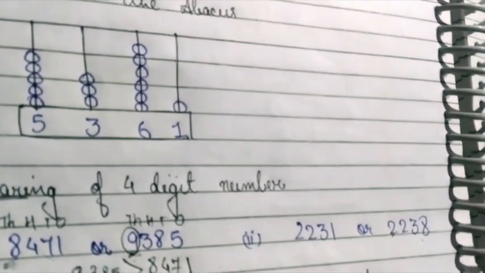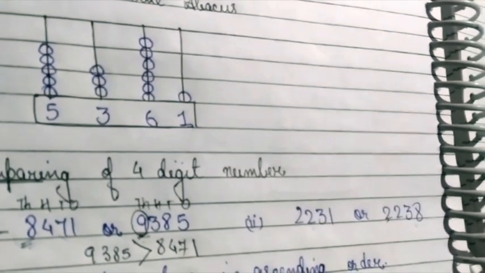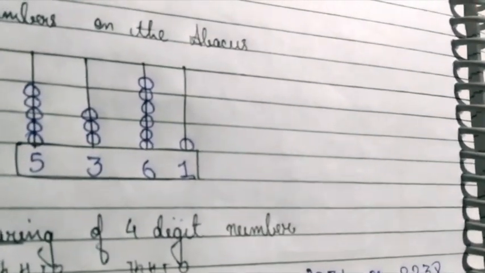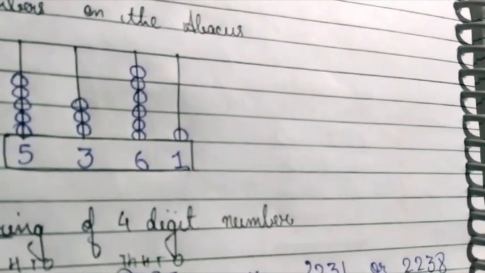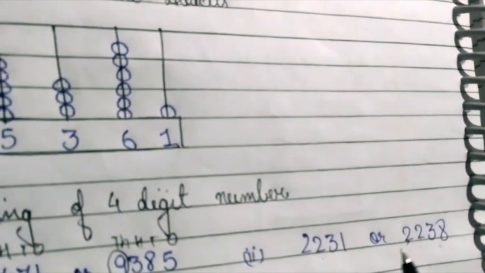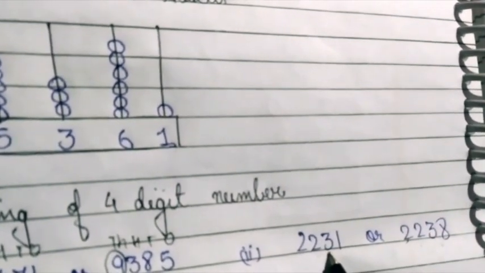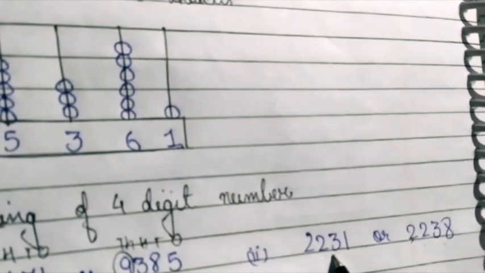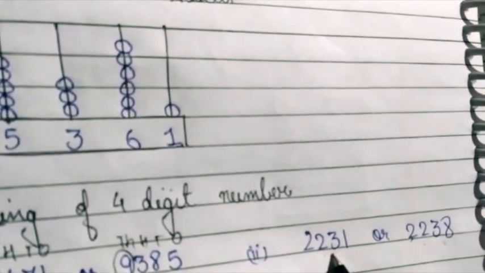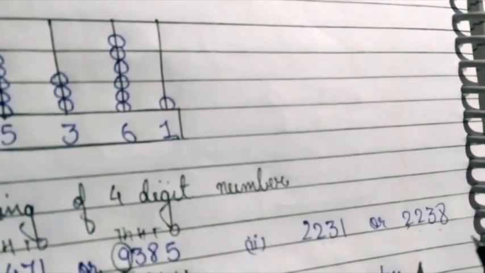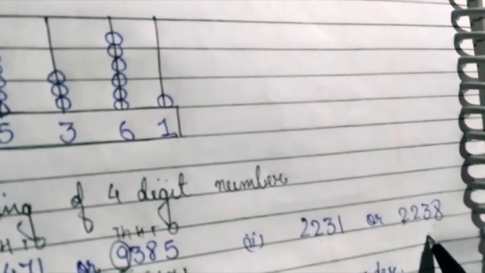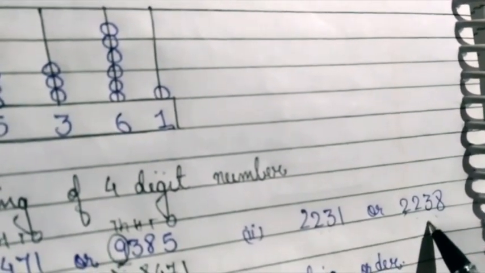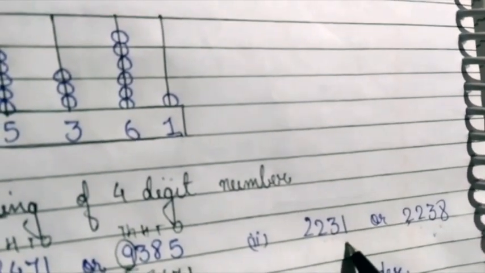Here is also 2. So if both the numbers are same in the hundred place, we move to the tens place. What we see in the tens place, there is 3, and in the tens place, here is also 3. So now we will just move to the ones place.